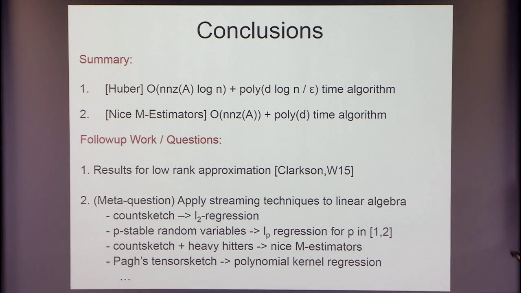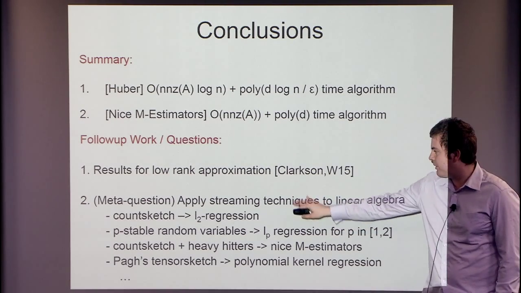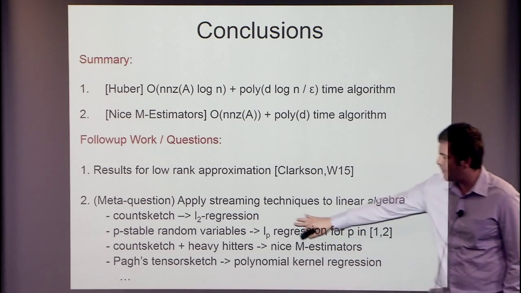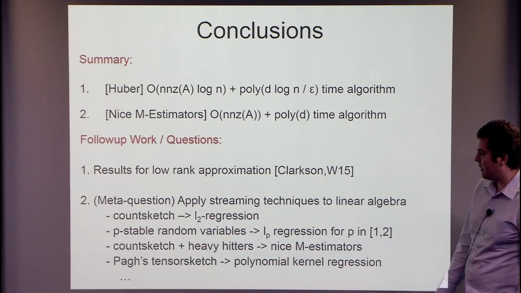And a sort of meta question, which I had in my introduction earlier, is that there are many techniques in sketching and streaming that have been applied to linear algebra to achieve faster algorithms. Count sketch gives input sparsity time algorithms for L2 regression.